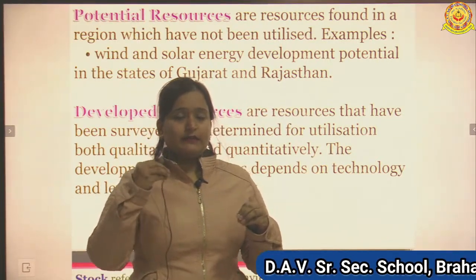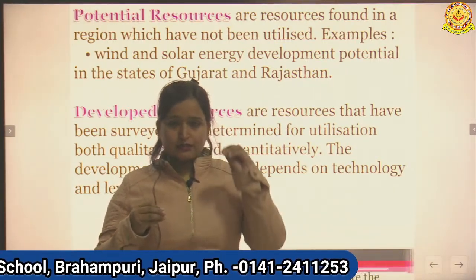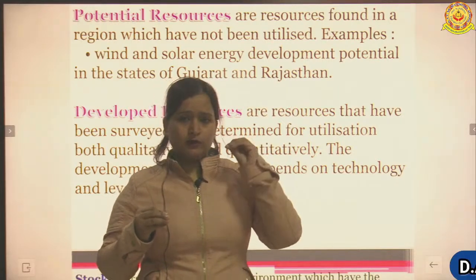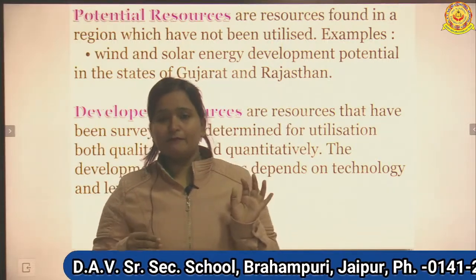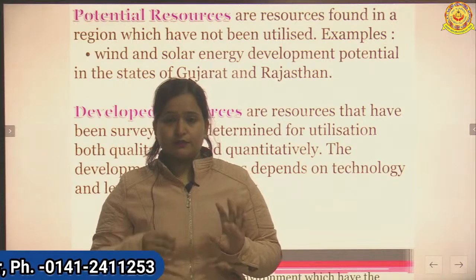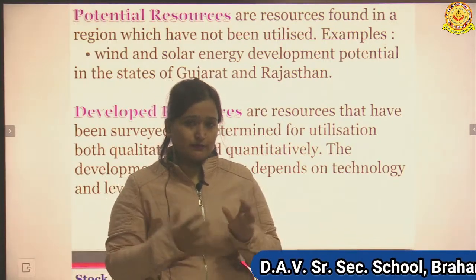For example, take the example of Maharashtra. Maharashtra is very rich in minerals. Minerals, as we know, are a type of resource. In minerals we can find some types of metals and other elements. Maharashtra is very rich because it is a coastal area.